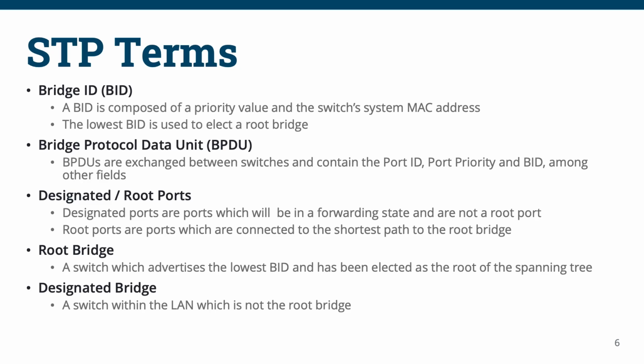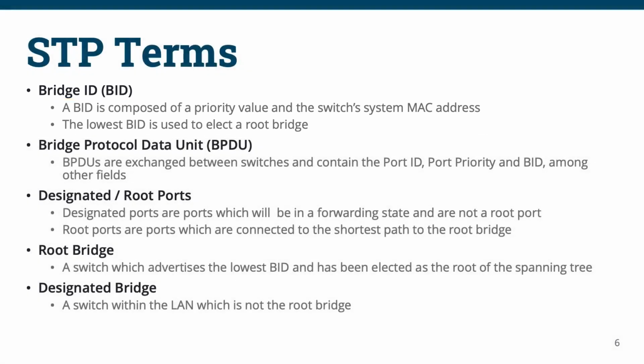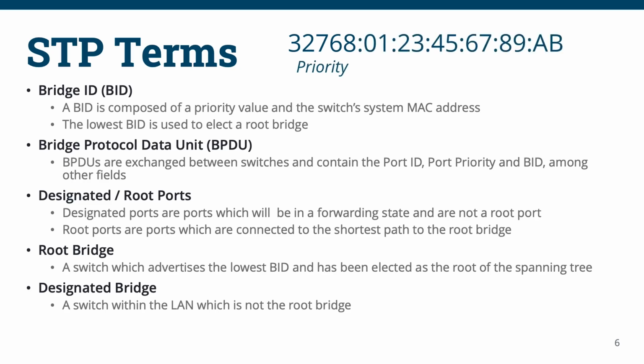We have five terms here that we should know so we can go deeper into the flavors of STP. First, we have the BID, or Bridge ID. The Bridge ID is composed of the priority value and then the MAC address of the bridge, where the most significant number is to the left, and therefore would be the priority value.